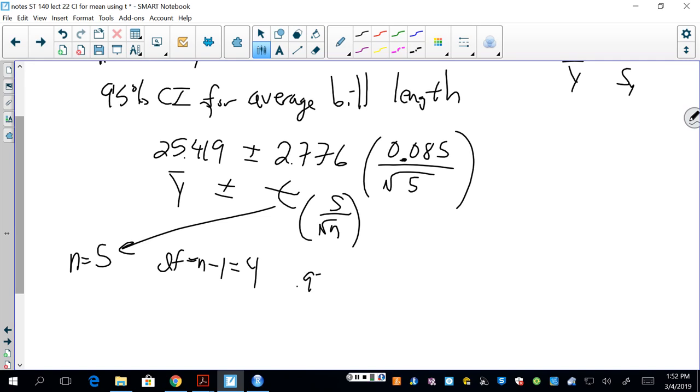The 0.975 column. So our t-value is 2.776. Quite a bit bigger than 1.96. We only have 5 observations. You get 5 observations kind of close together, and that value of s is really small. But you still want a lot of those intervals to cover, so you use a bigger multiplier. That's the compensation.